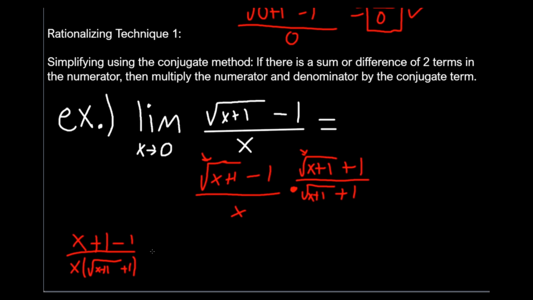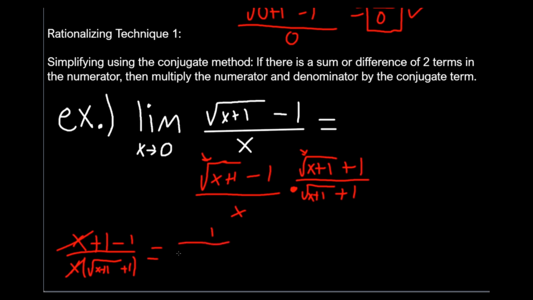We're not plugging in 0 yet. We can cancel these 1s, so then we just have x over x times the square root of x plus 1, plus 1. These x's can cancel, so now we are just left with a 1 on the top.